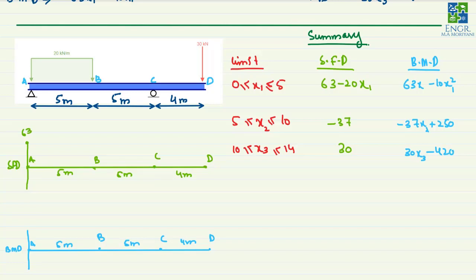And at B point, if we put the value of x1 equal to 5, this will be 63 minus 20 into 5, which gives us minus 37. So at B point, we have the value of minus 37 for the shear force diagram. These two are to be connected by a straight line, because this is a straight line equation. And since the x1 term has a negative sign, these two are to be connected by a straight line with negative slope.